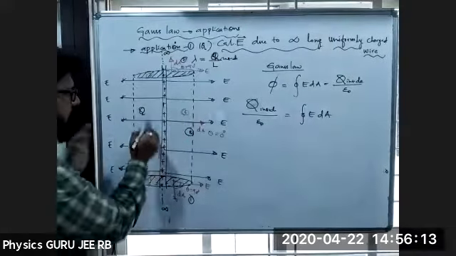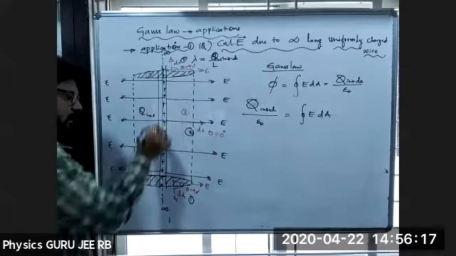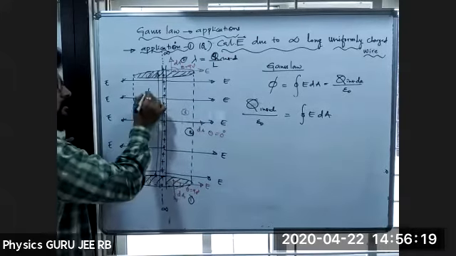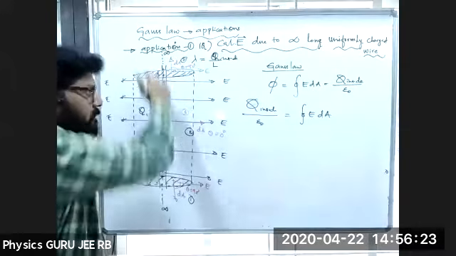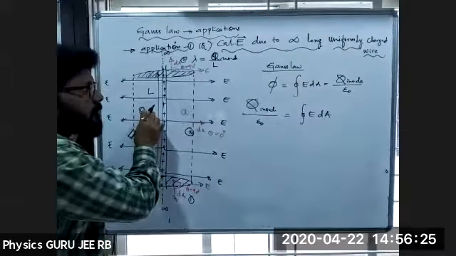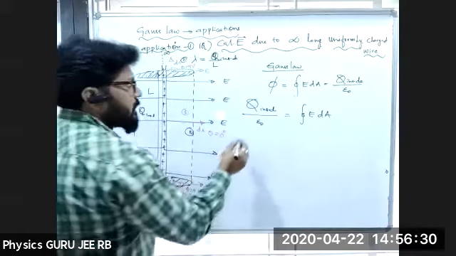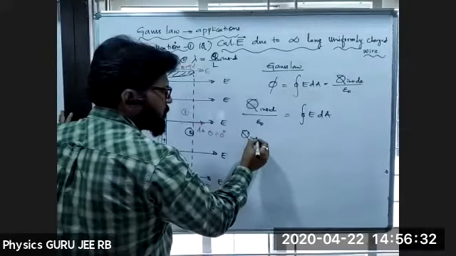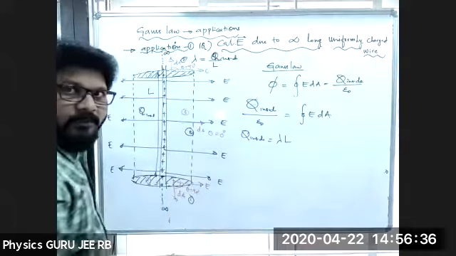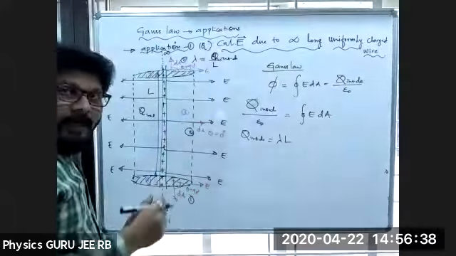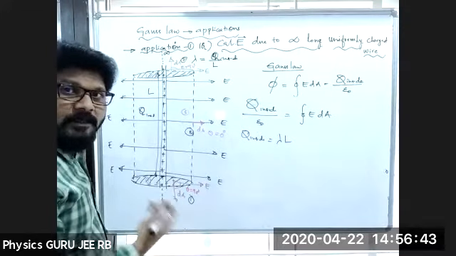This complete part is inside. This length is nothing but L. It is infinite, but we are taking only a finite length. Lambda is equal to Q inside divided by L, so Q inside can be written as lambda into L. What is lambda? Lambda is nothing but the linear charge density.